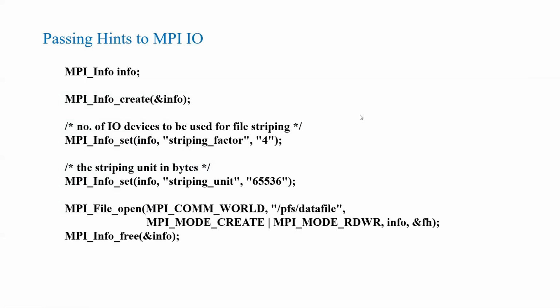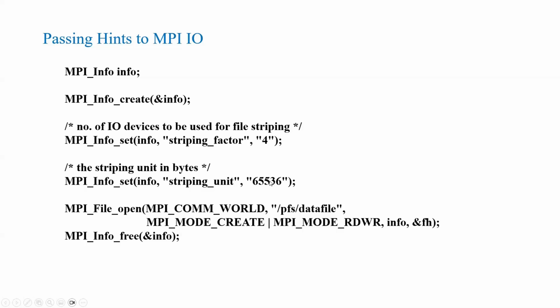And for example, this is quite a simple set of function calls, like the demo, and we set it. You can set a stripe, say for example 4, to use 4 stripes instead of 1 by default. And you can set the stripe unit, so the size, how many bytes.